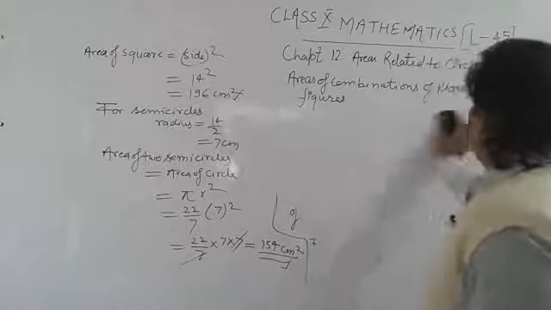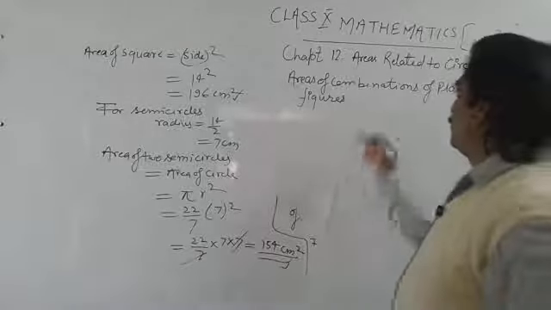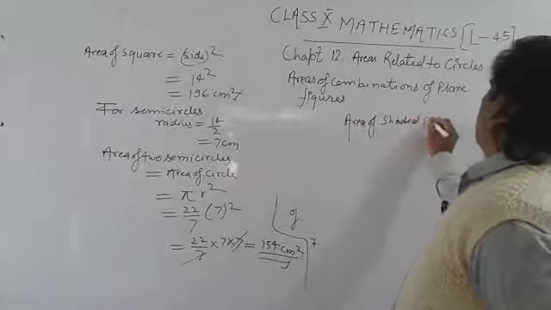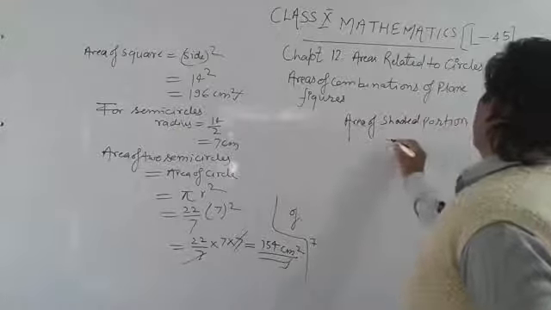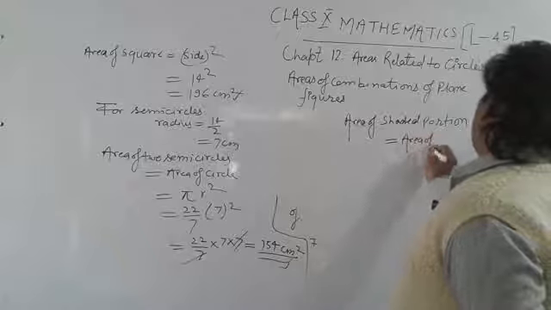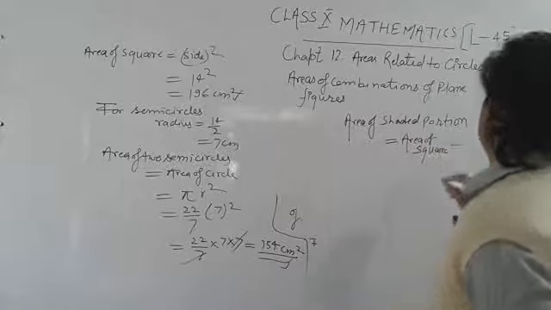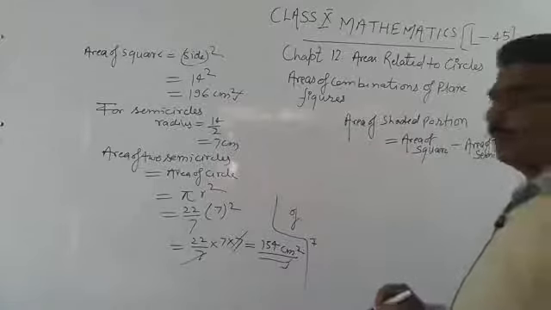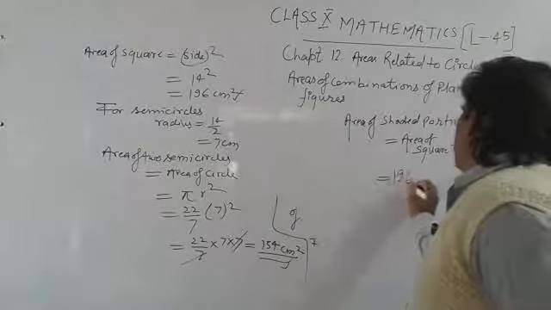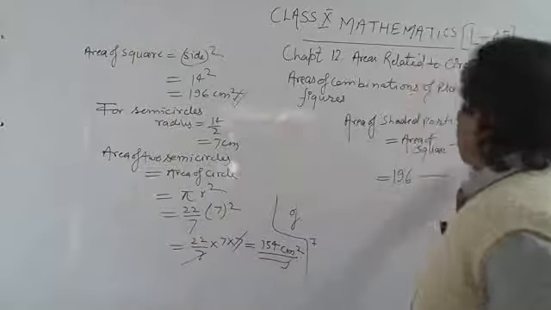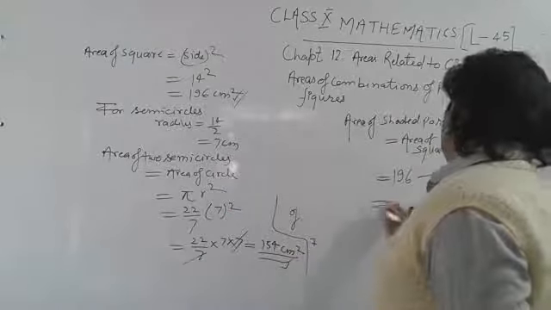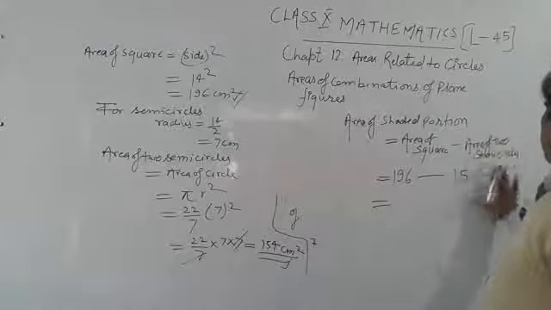Thus, the area of the shaded portion, students, is equal to the area of square minus the area of two semicircles. So write here 196, this is the area of square, minus the area of two semicircles, means the area of circle, that is 154, and if you subtract it, this is 42.